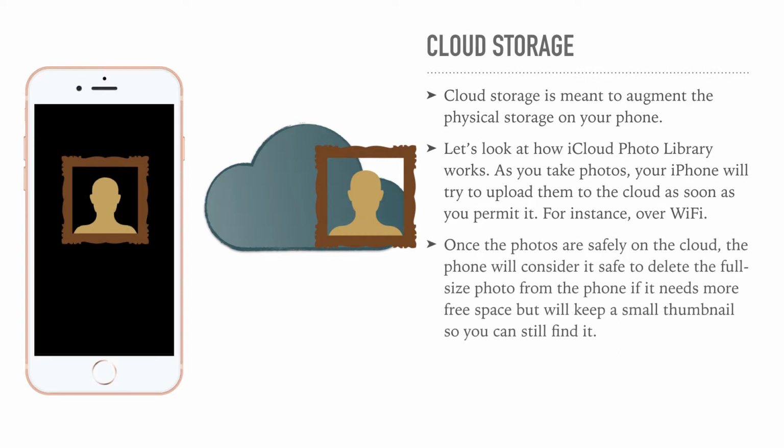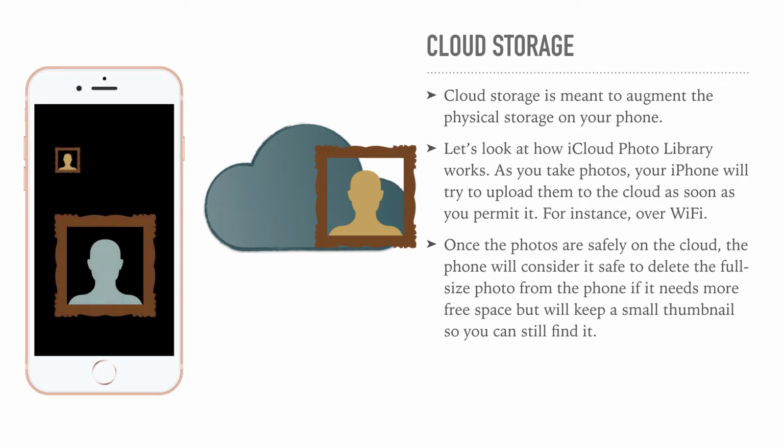And then once the photo is safely on the cloud, if the phone needs to make more room, it'll just throw away the full-size copy of the original photo and just keep a small thumbnail. So it always looks like you have all the photos on your phone at once. In my case, on my phone right now, I have over 120 gigabytes of photos, so it wouldn't physically fit on my phone, but it looks like they're all there.